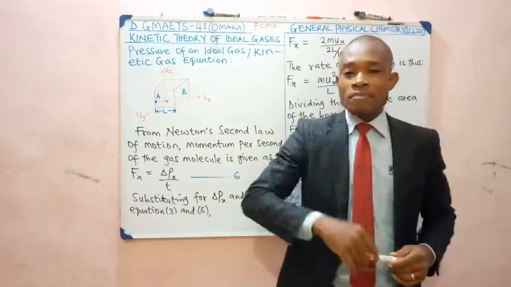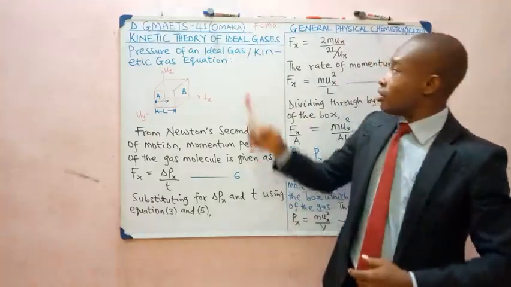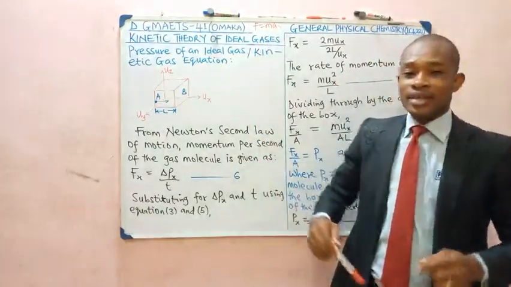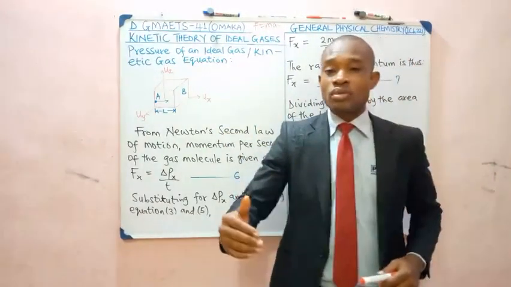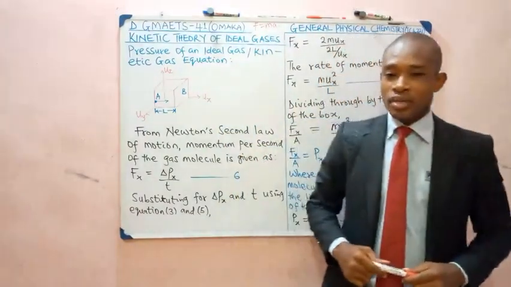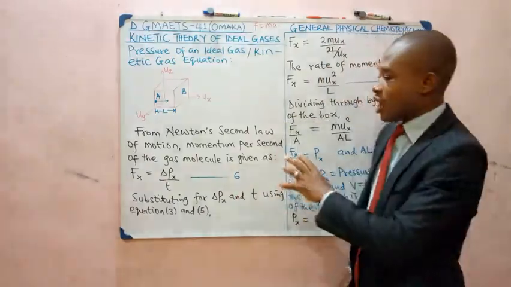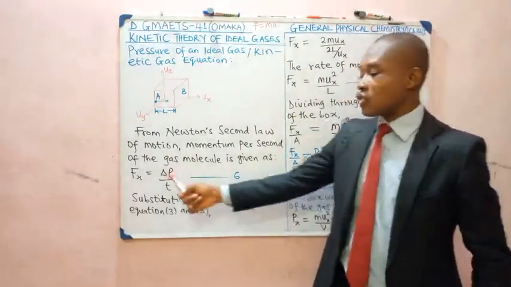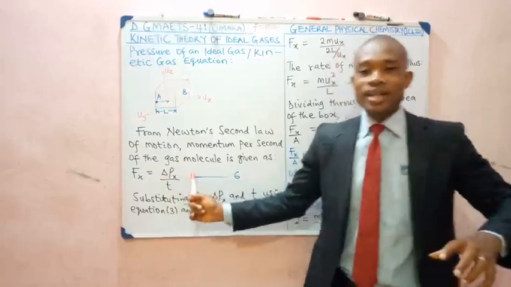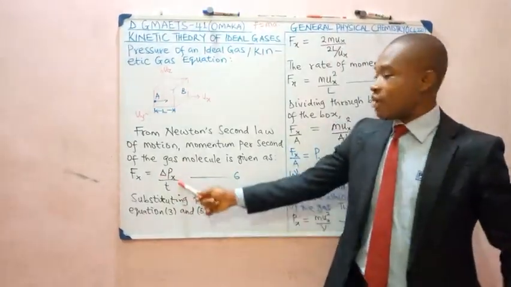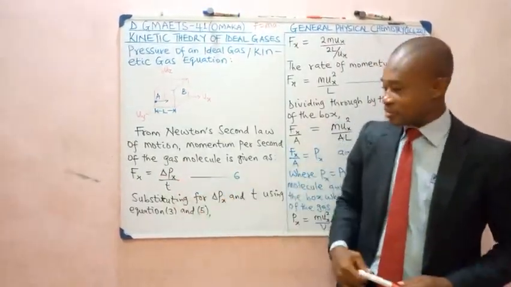So actually, according to Newton, F equal to ma. This F equal to ma is still the same as change in momentum per unit time. So the rate of momentum of this gas is actually given as this equation 6 here, which is the change in momentum of the gas along that x direction divided by what? The time.